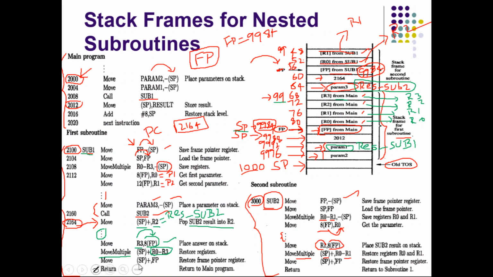Then again, this frame pointer also should be restored, because now we are going to return control to the main program. After entering the main program, the frame pointer should have whatever the original value of the frame pointer was when the main program was executing.